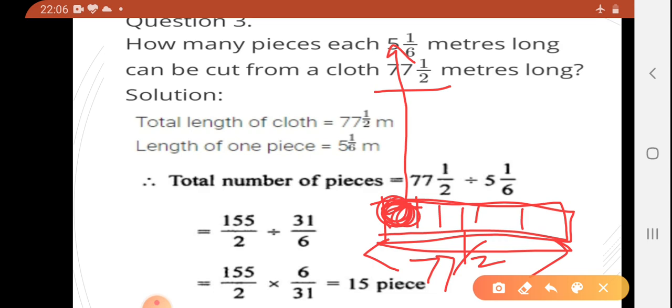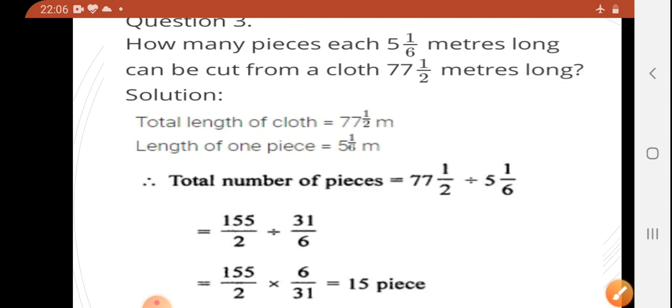Now the question is which number you will write first and which number you will write second. From this 77 whole 1 upon 2, you have to cut this many pieces. So this will be written first, 77 whole 1 upon 2, and after that we will write 5 whole 1 upon 6. Therefore we have written 77 whole 1 upon 2 divided by 5 whole 1 upon 6.